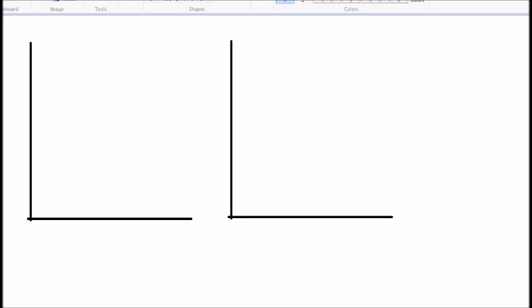So for example, you might consider asking whether something that looks like this is the graph of a function, or something that looks like this is the graph of a function. And the way to test that is to ask yourself, at every single value of x, could I draw a vertical line and hit the function exactly 1 time or 0 times?